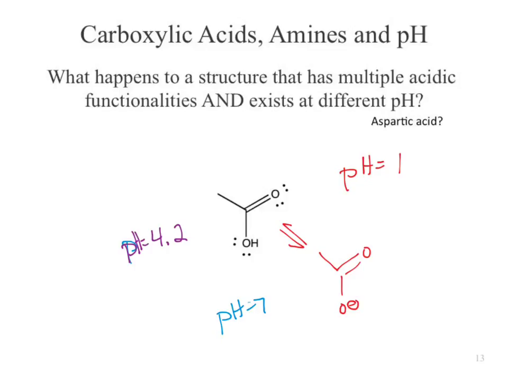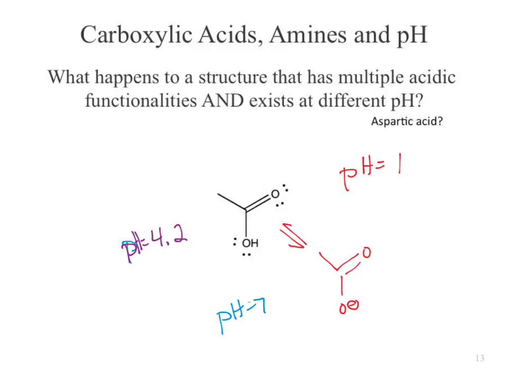It's right about 4.2. If the pH is exactly at that pKa value, what happens? You are in equilibrium. We have an equal concentration of the protonated form and the deprotonated form. Right? So it's all relative, looking at your pKa versus the pH in predicting protonation states.